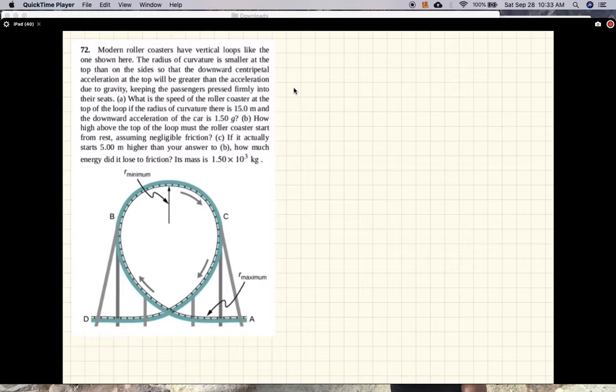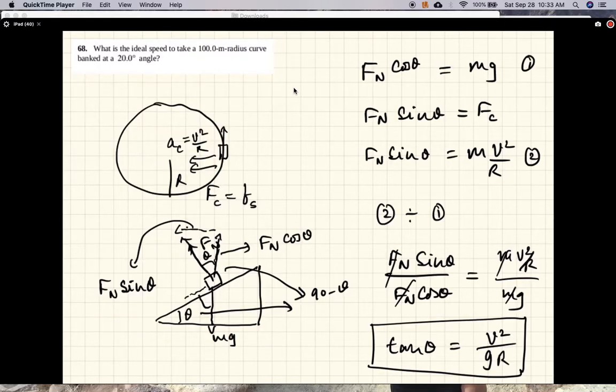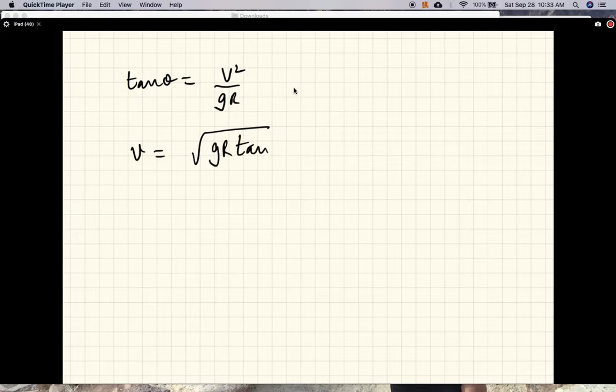Let's add a page and do the numbers. For our road, the radius is 100 meters and the bank angle is 20 degrees. Let's calculate the speed. Tan theta is v squared by gr, so v is the square root of gr tan theta.